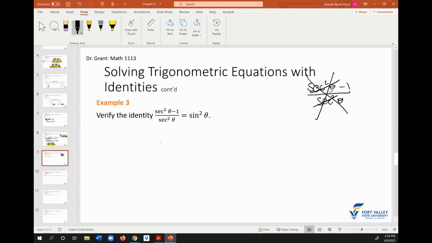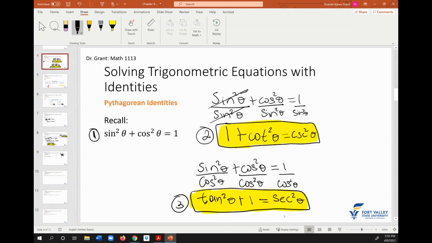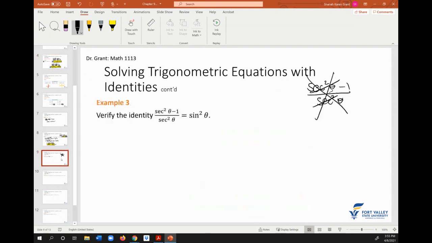Let's look at the numerator. So secant squared theta, we can actually rewrite based on our Pythagorean identity above. Here, we have that secant squared theta is equal to tan squared theta plus 1. So I'm going to plug that in. So tan squared theta plus 1 minus 1.